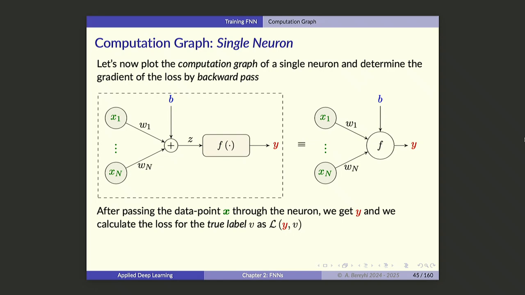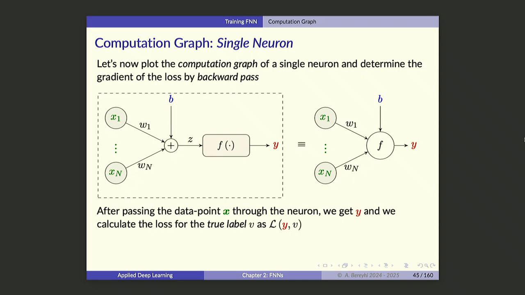For instance, just to avoid any confusion, you can think of this loss of y and v as simply (y minus v) squared. This is one loss, correct? This is the square loss we talked about. It could be any other loss. We're going to see more losses later on. But this could be potentially one loss, right?